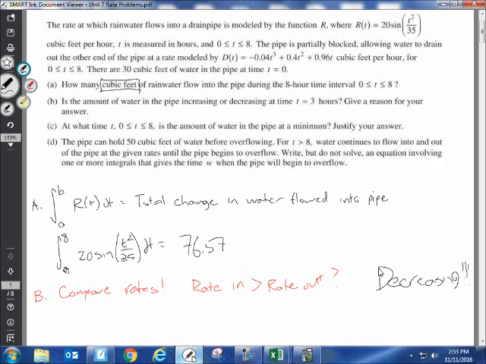Oh, why did I plug in 5? Sorry. Hold on, go back. Did I still get it right? So the rate at which water is coming in is 5.086.